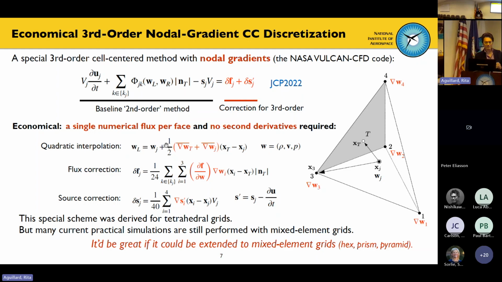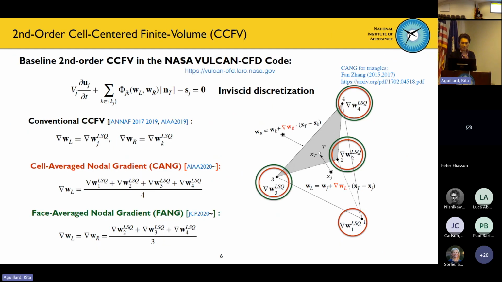This looks like a second-order linear reconstruction, but it is actually exact for quadratic functions. This grad W_f is the average over the face, 1, 2, 3, and then grad W_j is the average over the cell. So this is actually the average of the cell average and face average that we developed previously.